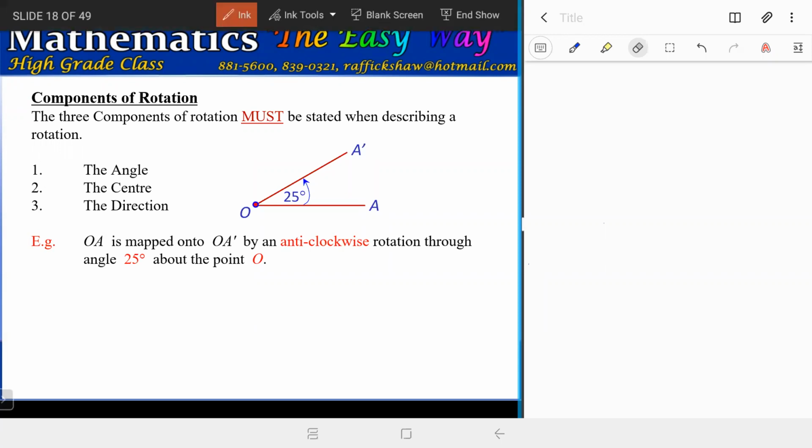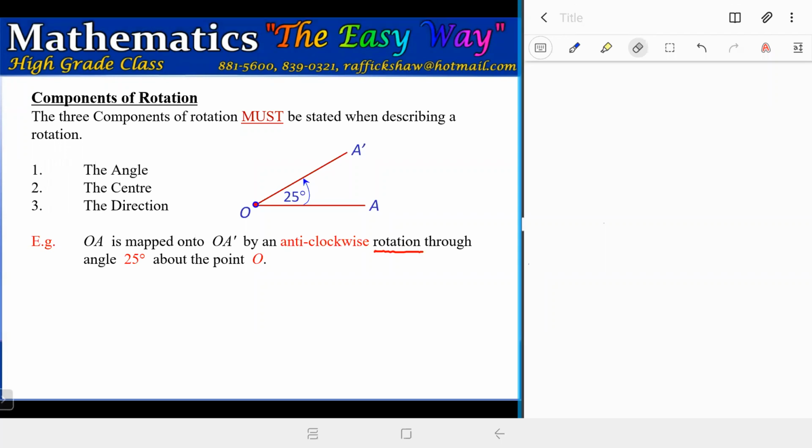You must also give the name of the transformation. And you give the angle, so rotating through 25 degrees about the point O. The 3 components are there in red, and the name of the transformation is underlined.